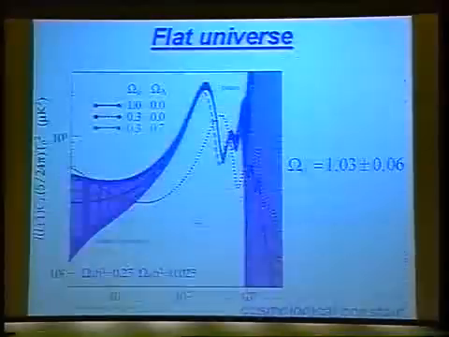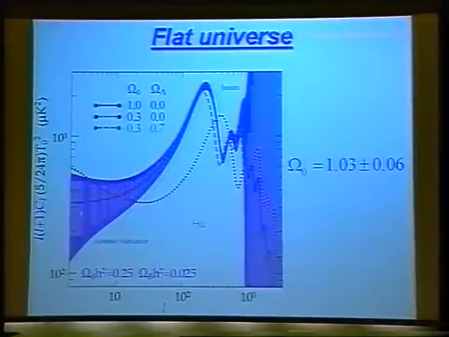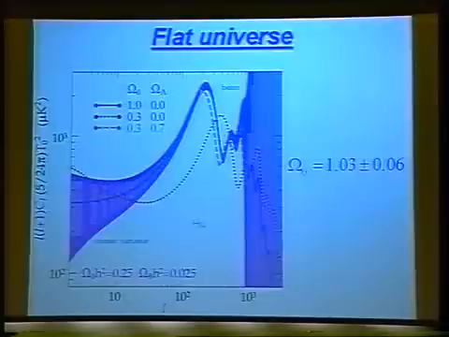This comes from looking at the spectrum of the fluctuations in the microwave background radiation as a function of the multipole moment. If omega is equal to 1, there is a peak at L of about 200. If omega is equal to 0.3, then the peak is at L of about 300 or 400.